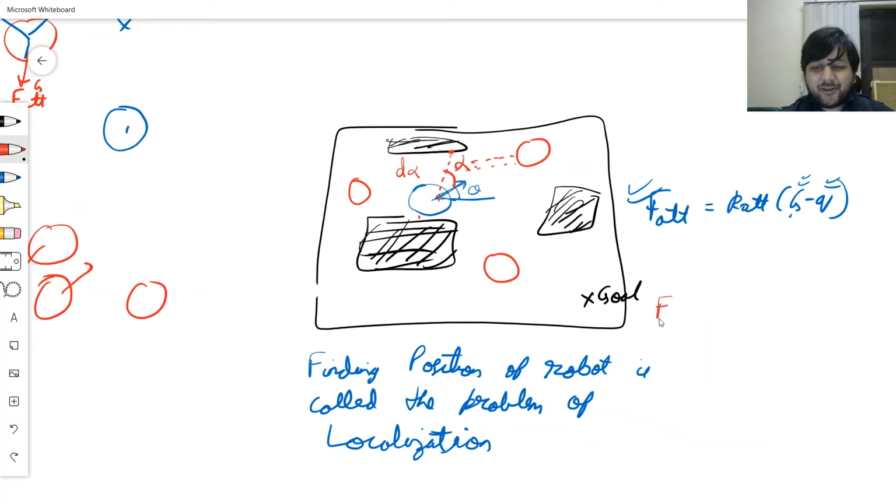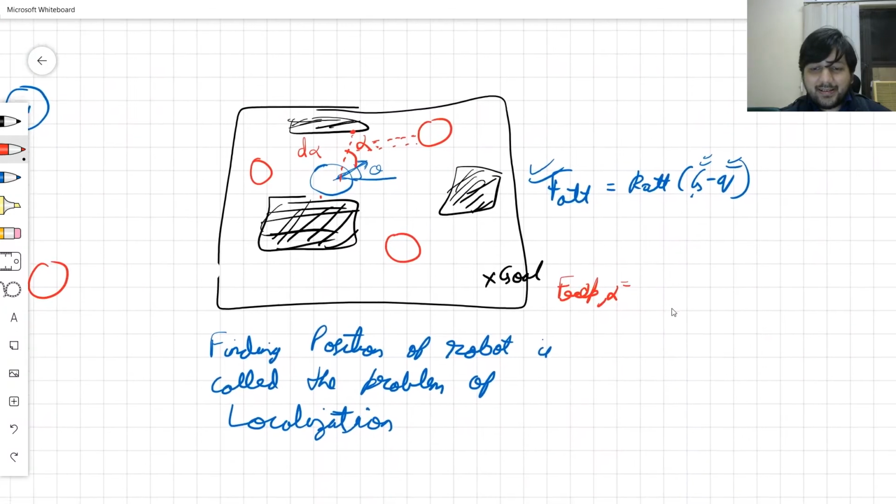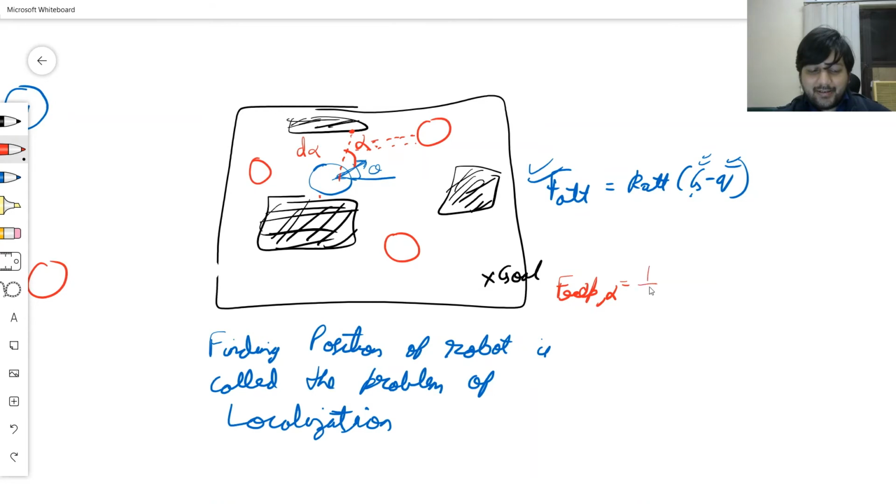So I'll say F repulsion from a laser ray at an angle of alpha is equal to, oops, not half, it's force. d alpha: so distance is known, which is d alpha.